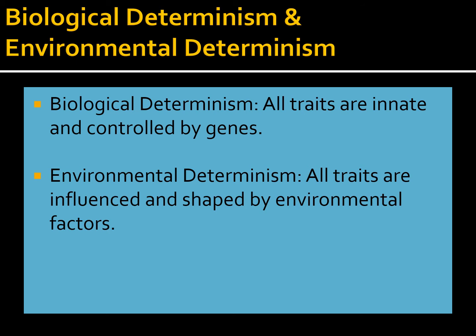So what really perpetuates race in a lot of societies today is this notion of biological versus environmental determinism, right? Biological determinism says all traits are innate and controlled by genes, that every trait that a person has is biologically determined. But we also have environmental determinism, which says that all traits are influenced and shaped by environmental factors.